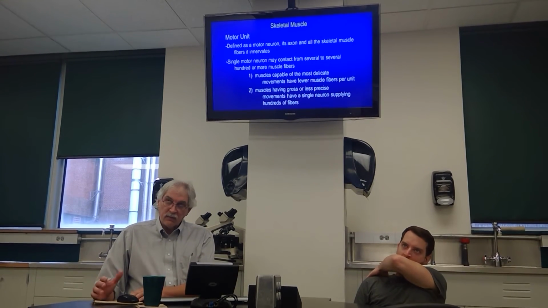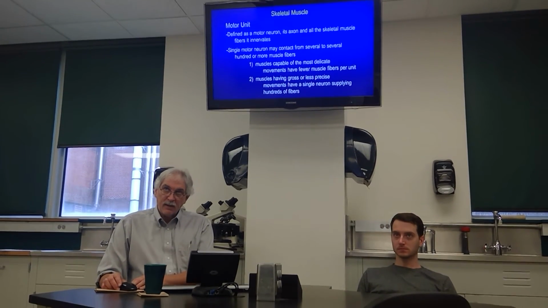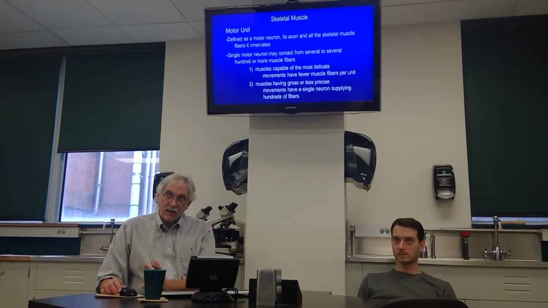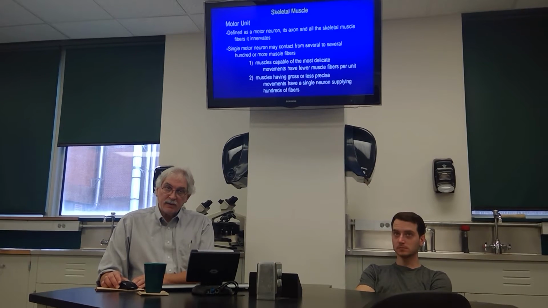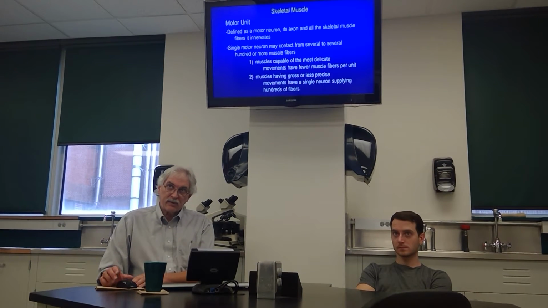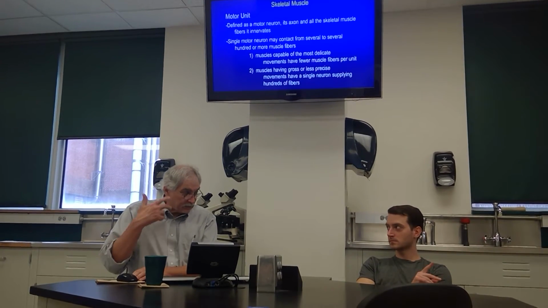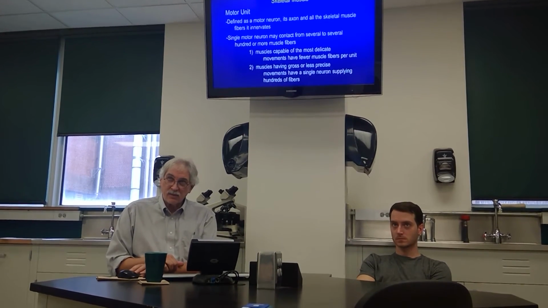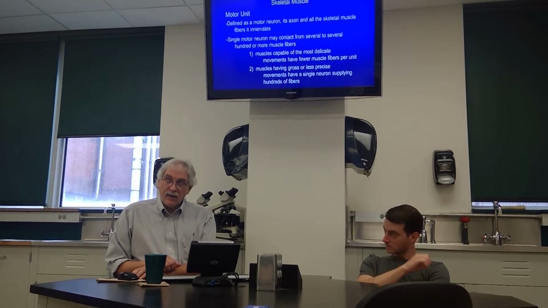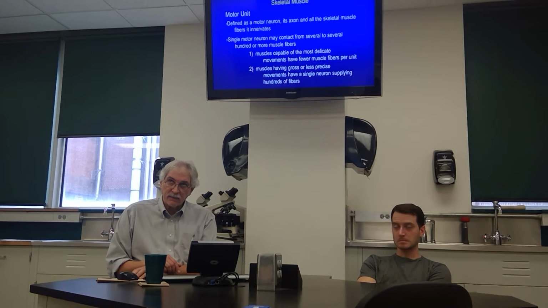If you look at it in a teleological sense, a single motor neuron can innervate several hundred muscle fibers. It's been shown pretty clearly that muscles capable of really delicate, very precise movements, like the extrinsic muscles of the globe of the eye and the very delicate muscles of the hand, have one motor neuron whose axon innervates only a few muscle fibers.